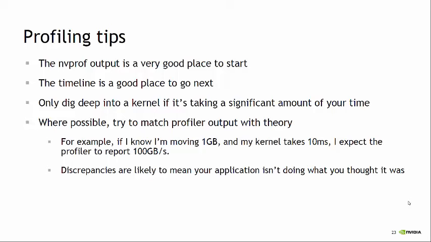If it does not, then either I have a bug in my application, or my expectation is wrong, or there's something I am doing within the application, so maybe I have some funny memory accesses which is causing a different amount of memory to be moved. Or, of course, the application may be compute bound rather than bandwidth bound.